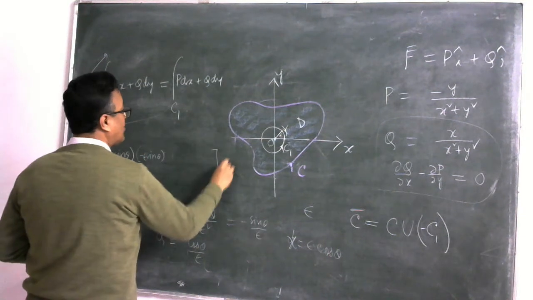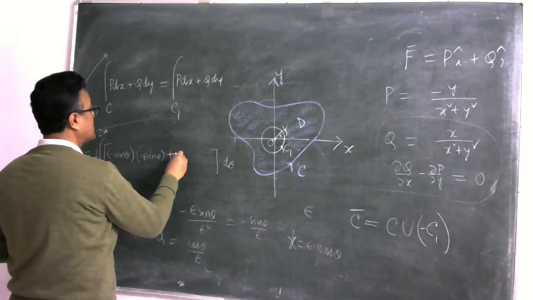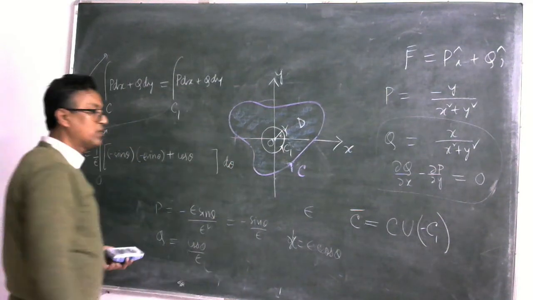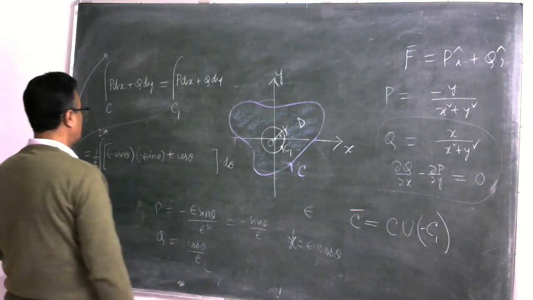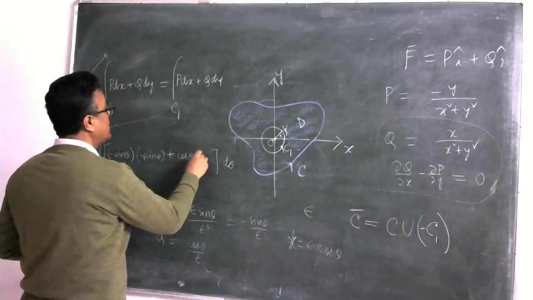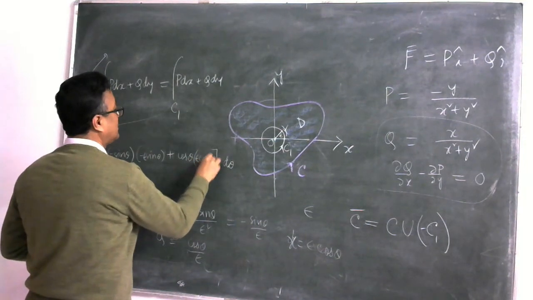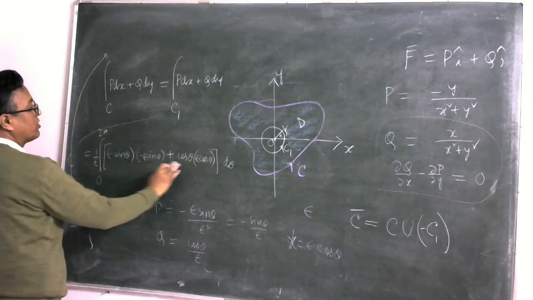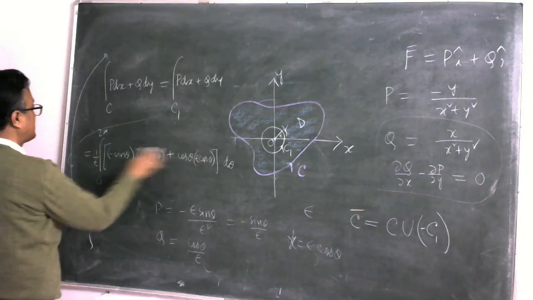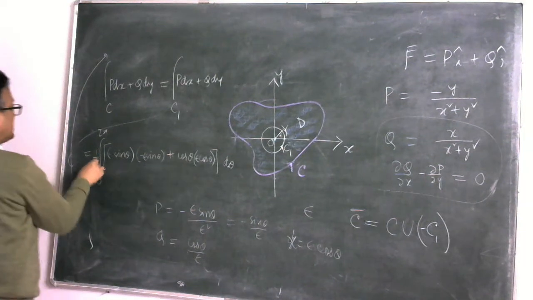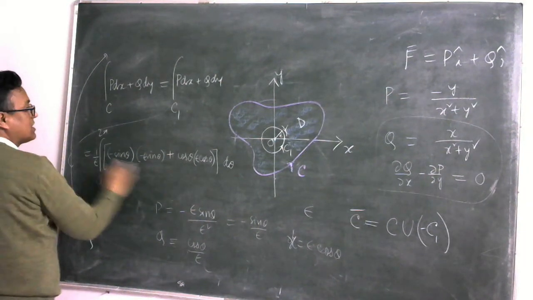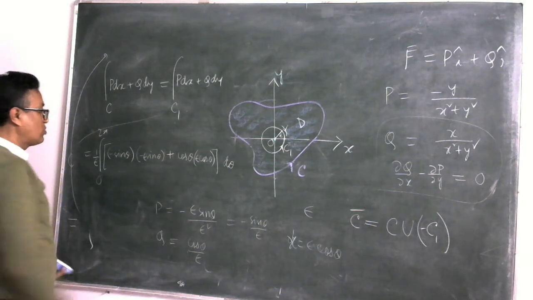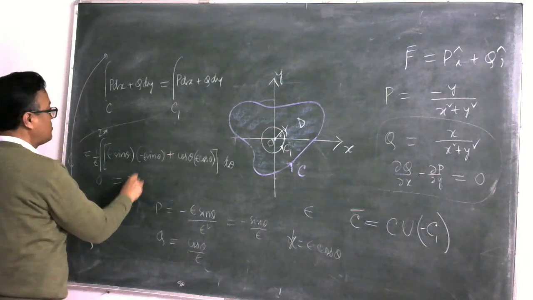Similarly for Q it is going to be cos theta, since y is epsilon sine theta, so dy gives epsilon cos theta d theta. Here you will see that this is simply sine square theta plus cos square theta, and epsilon is going to be cancelled by the 1 by epsilon. So simply it is the integration of d theta between 0 and 2 pi, so eventually it is going to give you 2 pi.